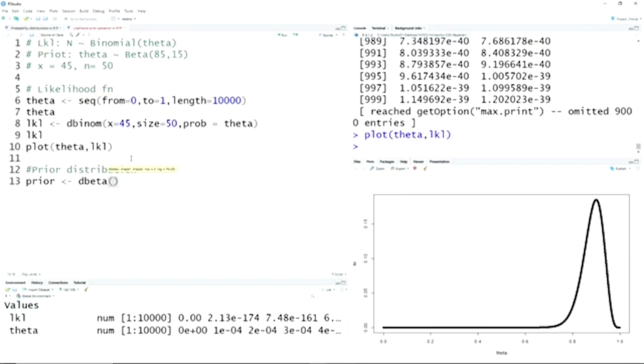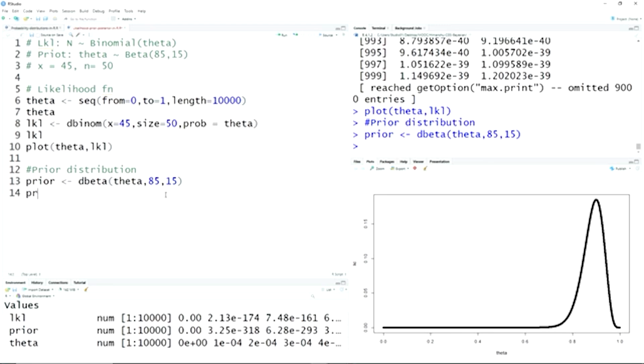We need to compute dbeta for this whole vector of theta. That's what we are saying here: theta comes from beta with shape parameters 85, 15. This will give us prior densities corresponding to each value of theta.